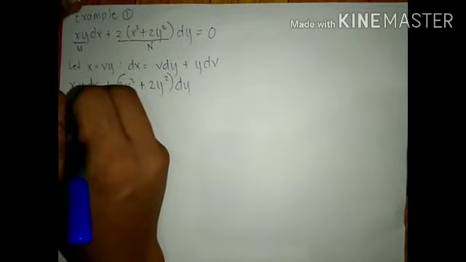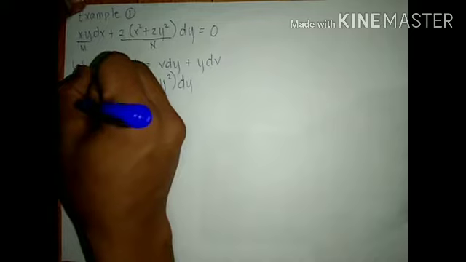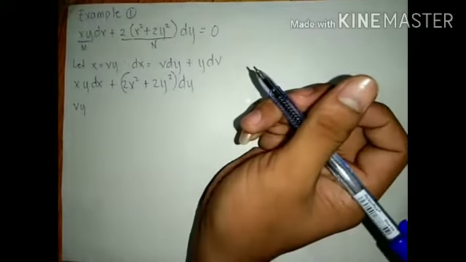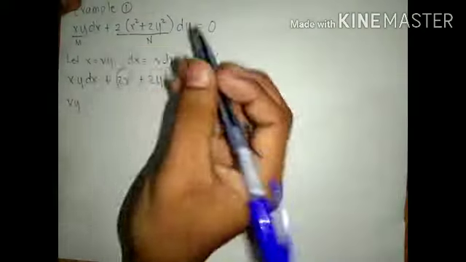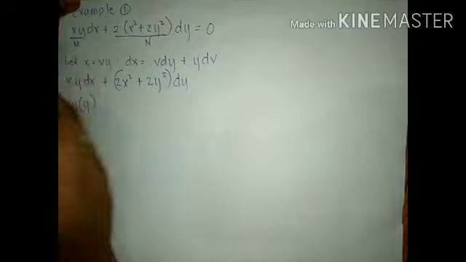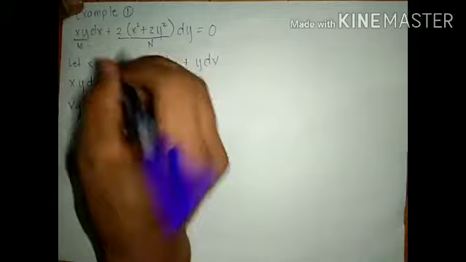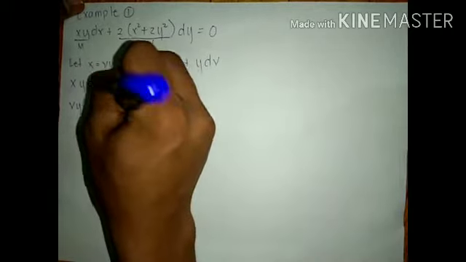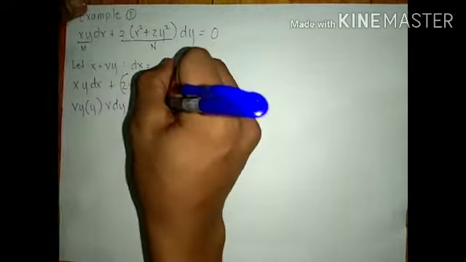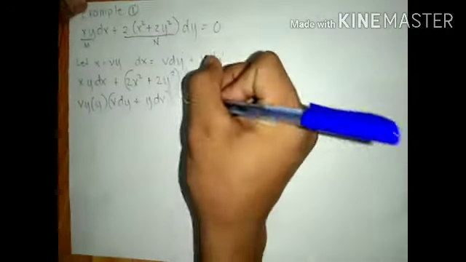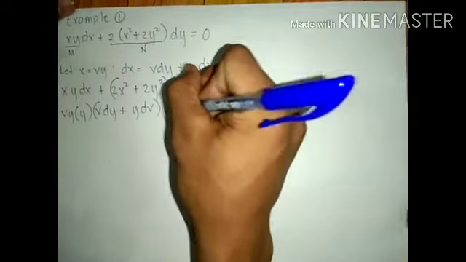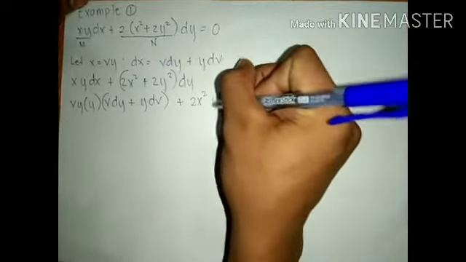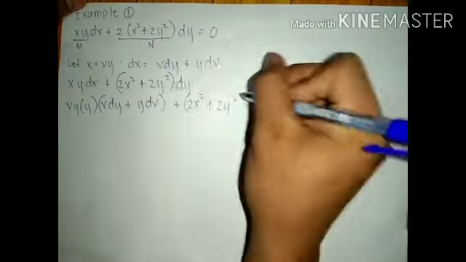So our x is vy times y, and our dx is v dy plus y dv. Then plus 2x squared plus 2y squared dy.